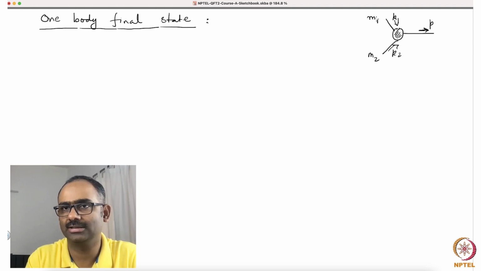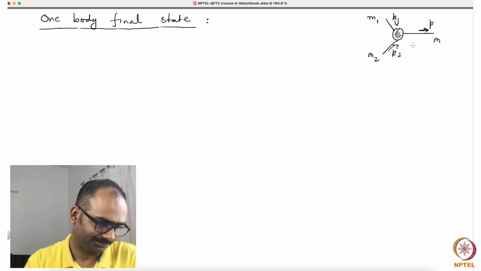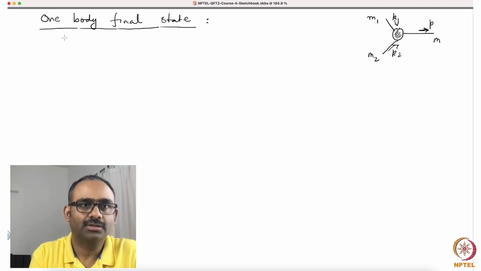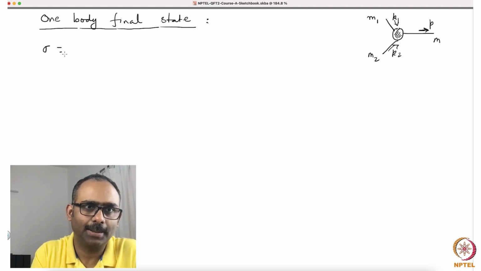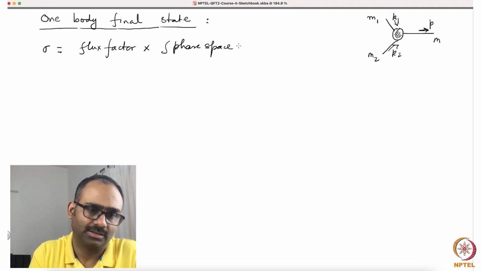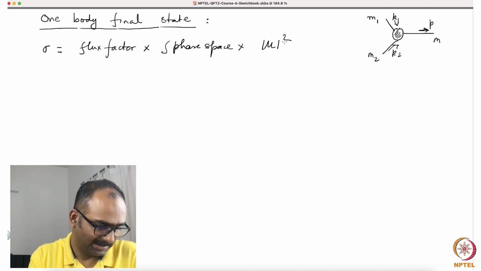So let's say this particle has mass m1, the momentum k2 is carried by a particle of mass m2, and this p is carried by a particle of mass m. So what's the cross section? Cross section is flux factor times integral over the phase space times matrix element square.